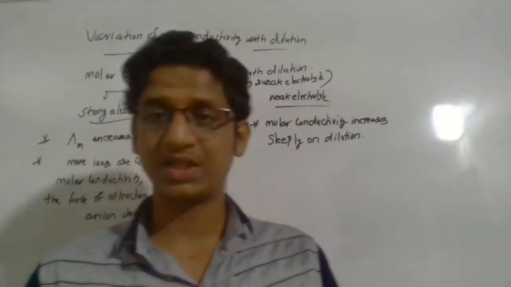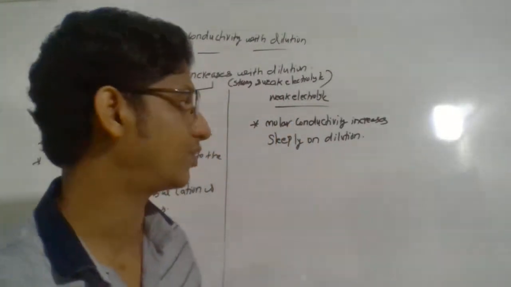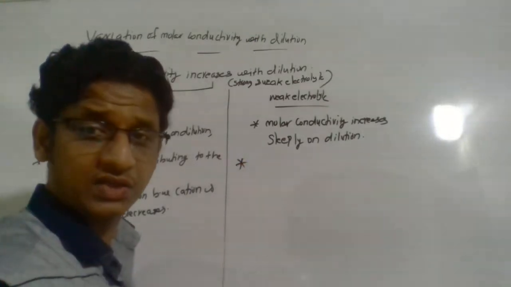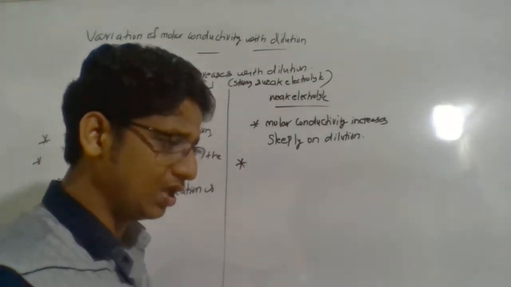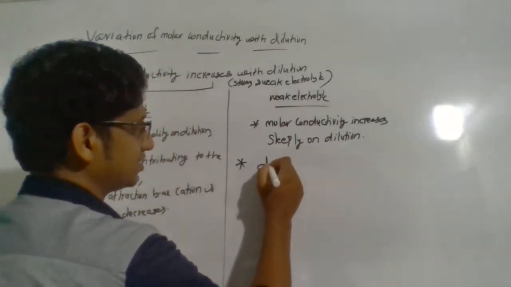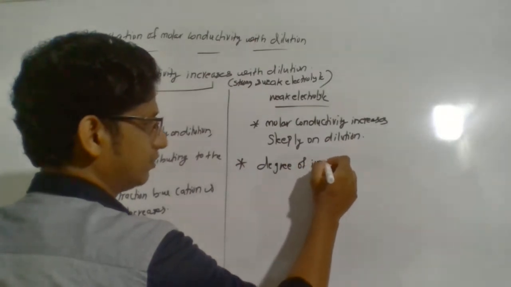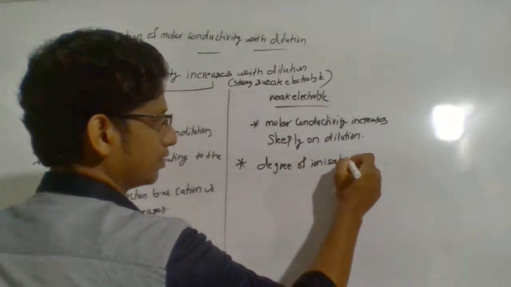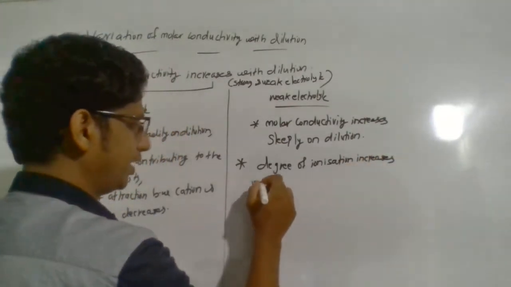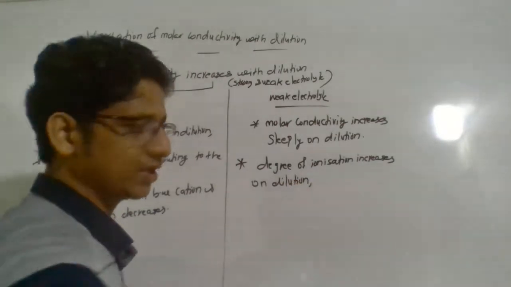Now I will plot the graph for you for a better understanding. For weak and strong electrolytes, we can draw that. Now this is the case with the weak electrolyte. For a weak electrolyte, the chemistry is different because weak electrolytes are poorly ionized. So the degree of ionization increases on dilution. That's the first point you can remember.